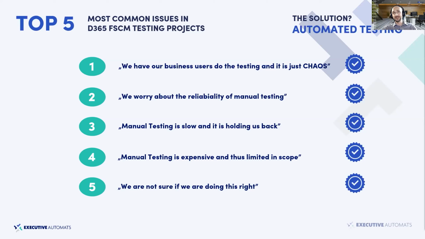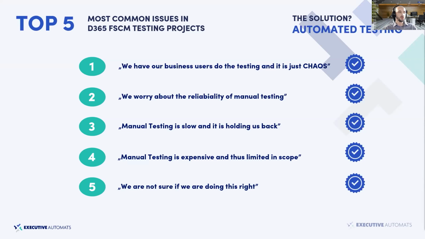And test automation can also help you with the theory, with the project, with the methodology. We have a methodology of how to approach test automation projects in an optimal way. And we are happy to share this knowledge.